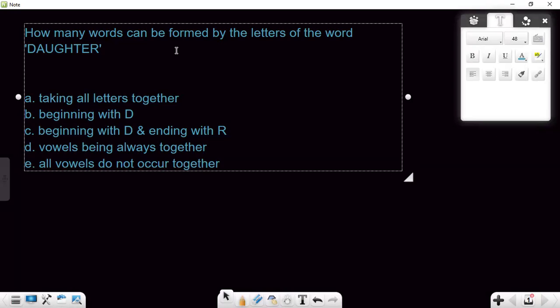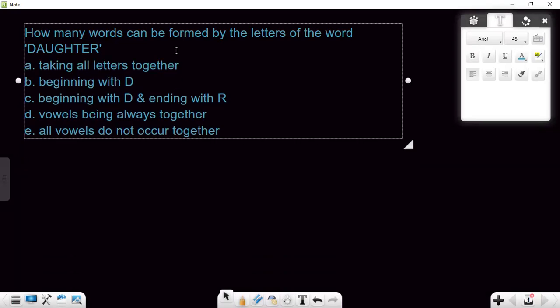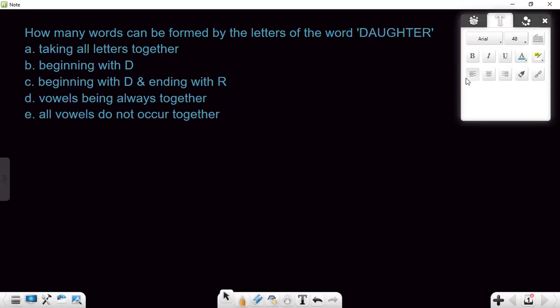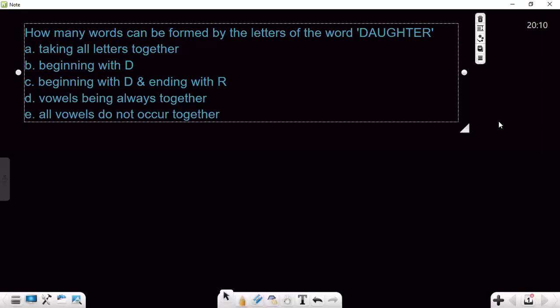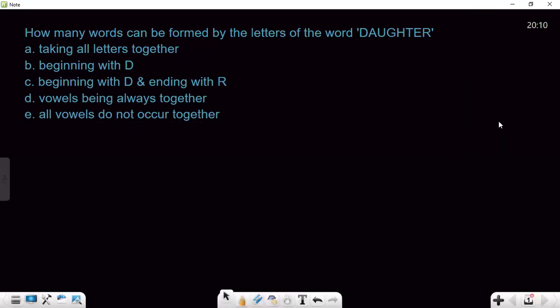So this question has 5 parts. It's an amazing question to understand the concept. Okay, so this is the question. Now let's start solving it.